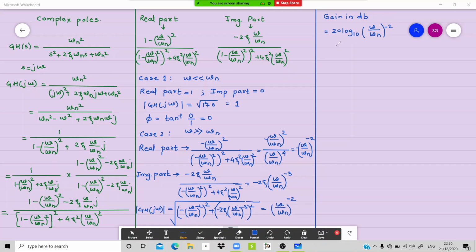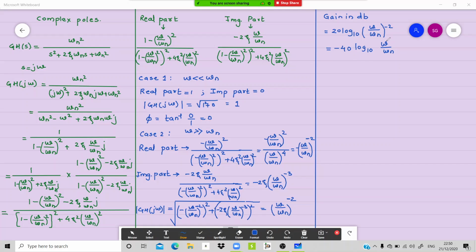So I'll take this on this side. So it is minus 40 log to the base 10 of omega upon omega n. Right? That means if your omega is equal to omega n, then it will be 0. When your omega will be 10 times of omega n, so it will be 10, so log will be 1. So then the gain will be minus 40 dB.